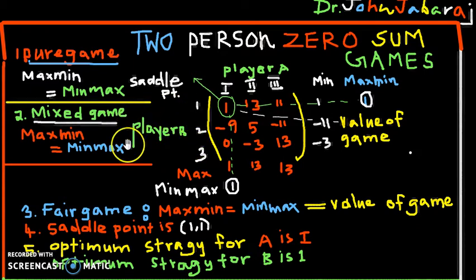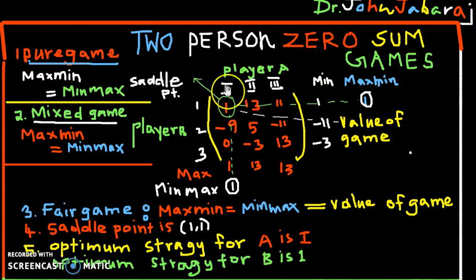Suppose this player B is in the winning mode, then he wants to maximize his minimum gain. Now the maximum among these minimum gains is 1, so that we have written here. So max min is equal to 1.